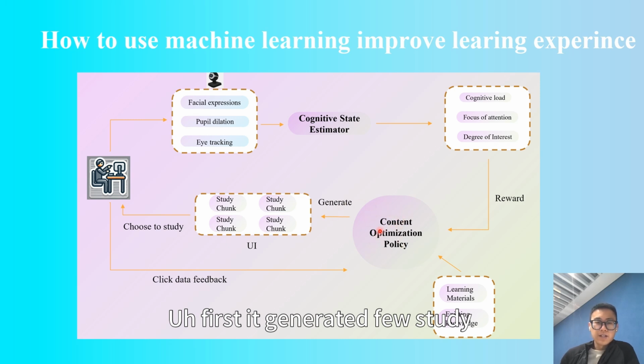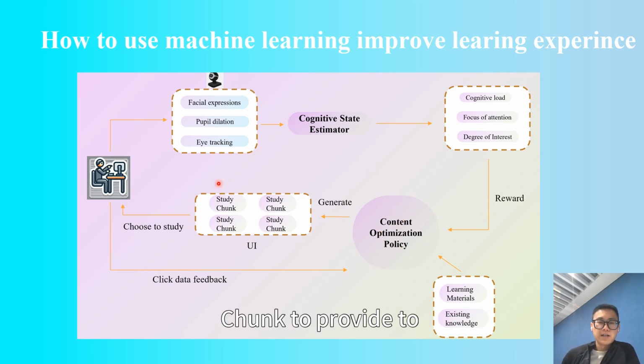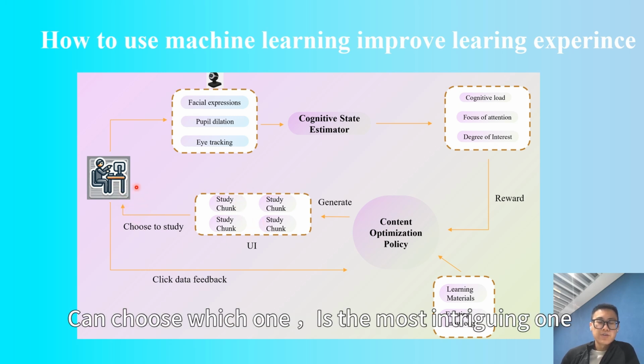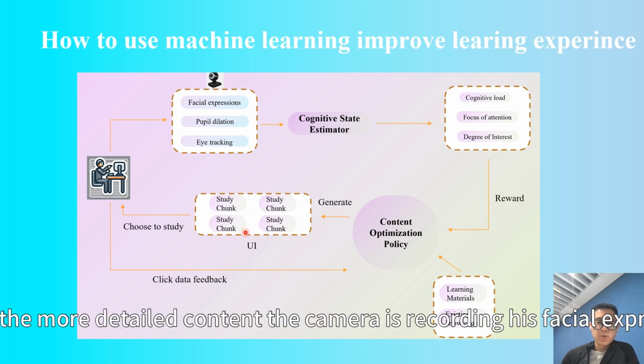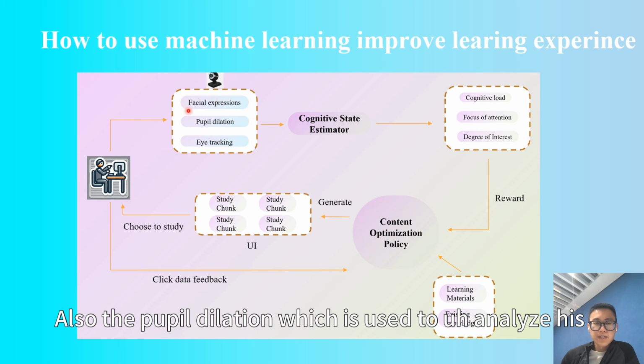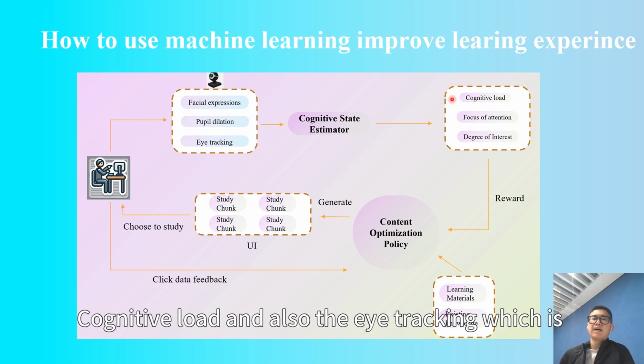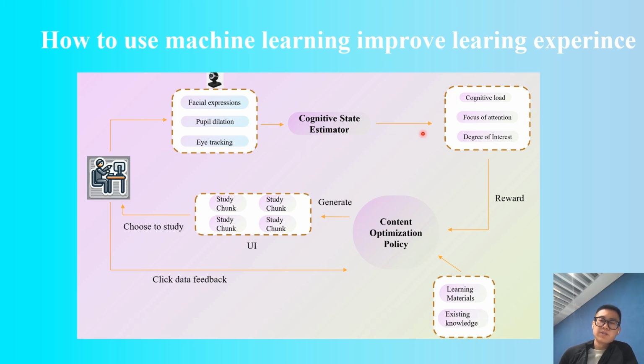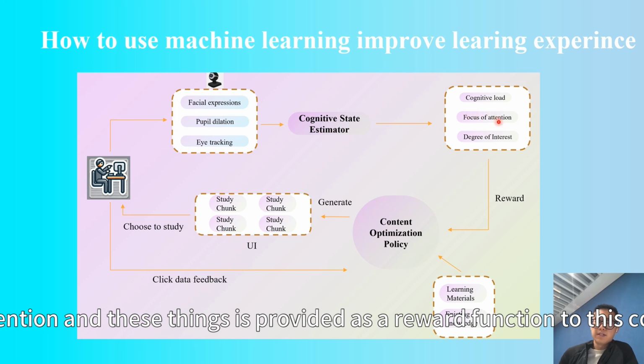First, it generates a few study chunks to provide to the user, so he can choose which one is the most intriguing. While he is reading the more detailed content, the camera is recording his facial expression to figure out the degree of interest, and also the pupil dilation, which is used to analyze his cognitive load, and also the eye tracking, which shows the focus of attention.